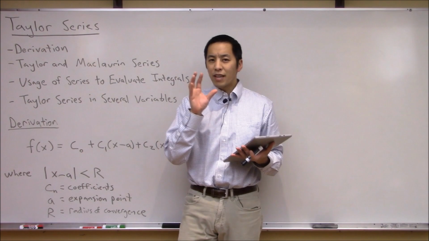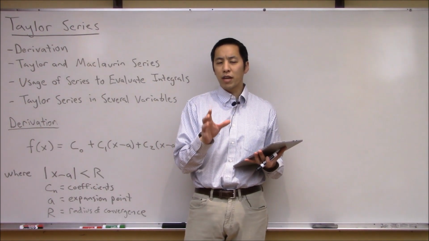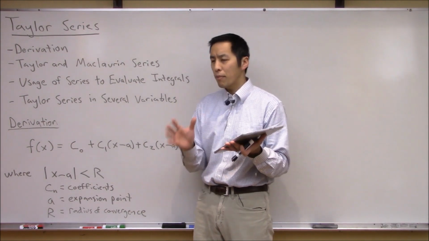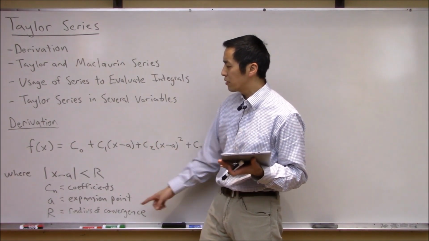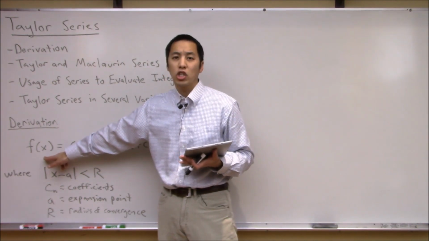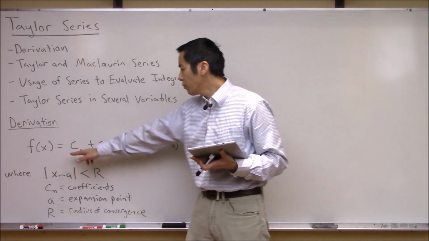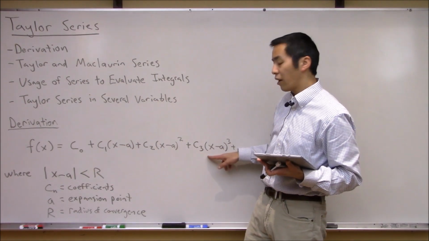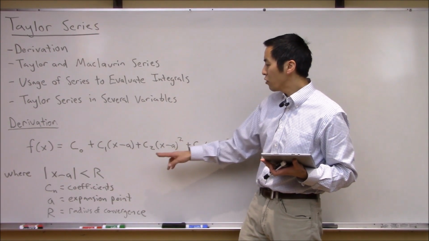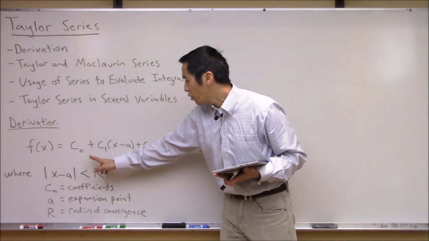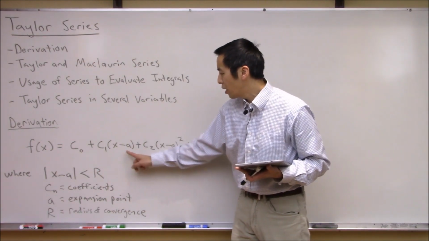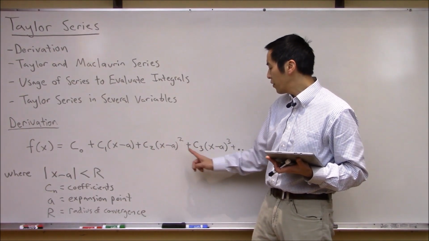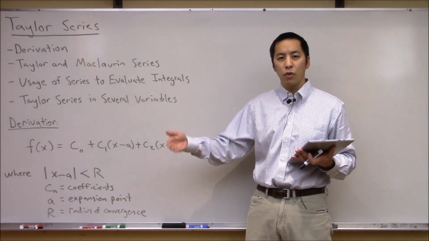So the Taylor series is a special type of power series, right? And remember, the idea with a power series is we want to be able to take some function, let's call it f of x, and represent it as a series like such. You can see this is a series with a bunch of coefficients written around some point A, and the power increases with every single term.